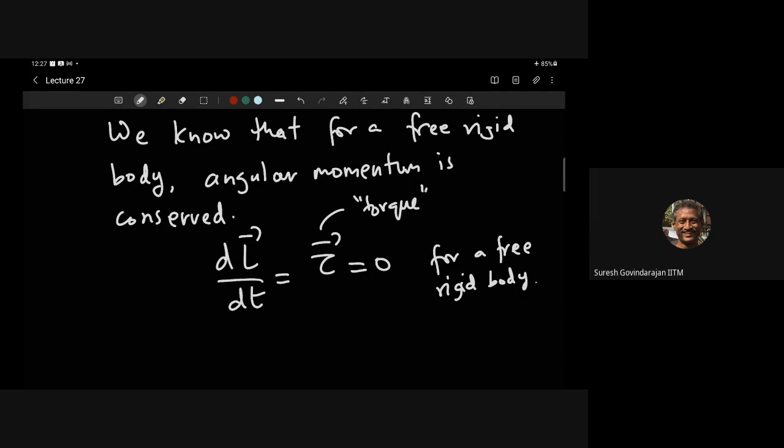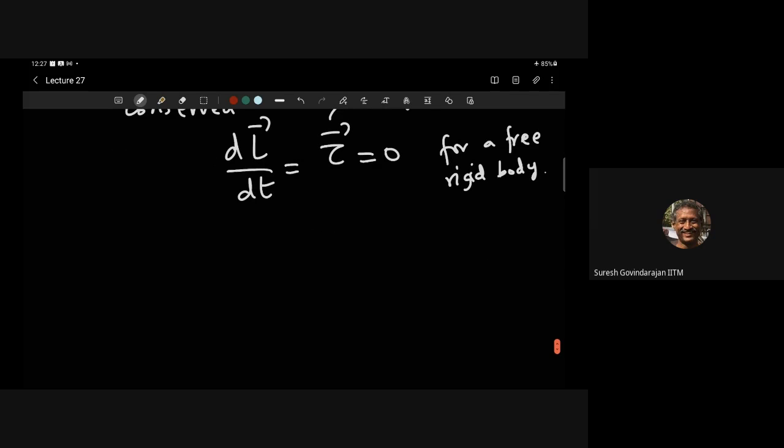But what is dL/dt? Now we can just write L as L_i e_i hat, and then dL/dt would be this.